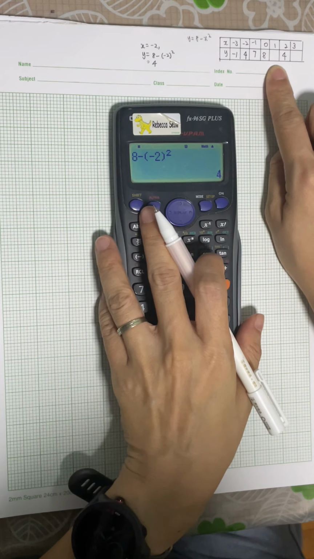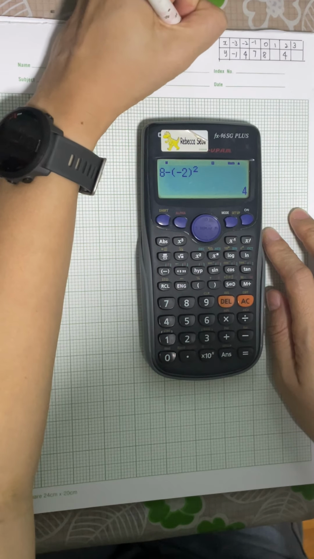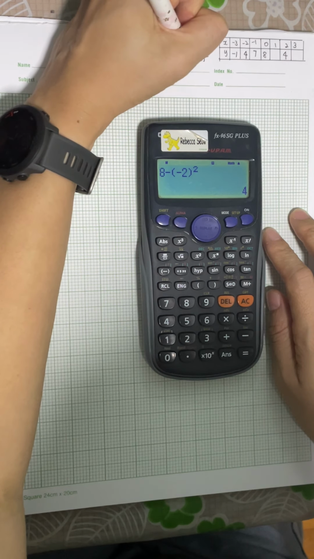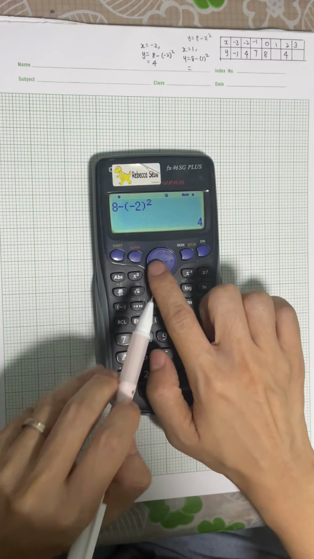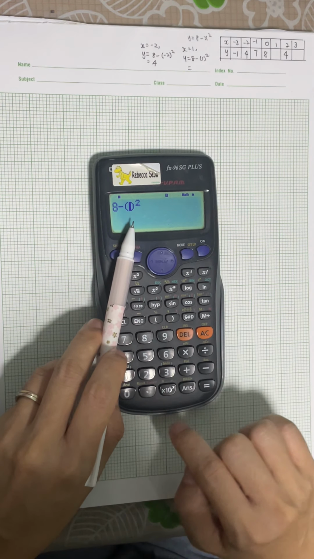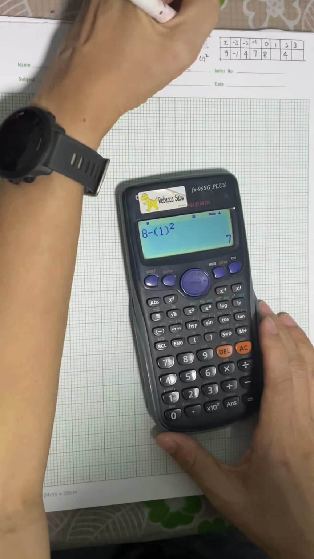Next, x equals 1. Back on the calculator, I'm going to use the replay button and move the cursor backwards, erase the minus 2 and replace it with 1. So I will get 7.